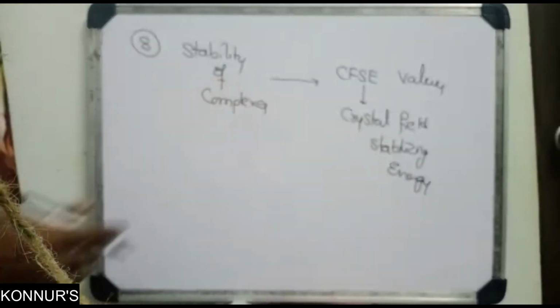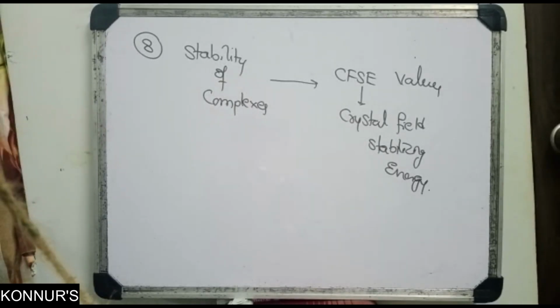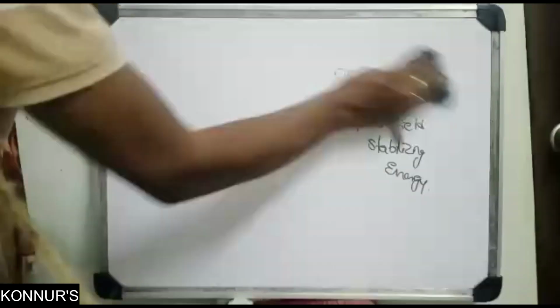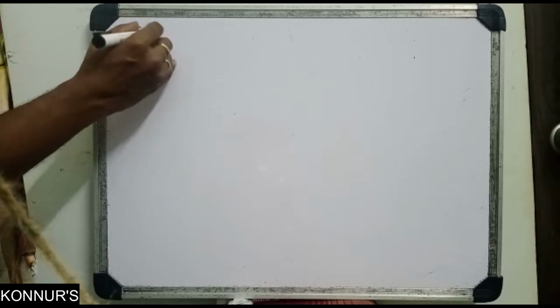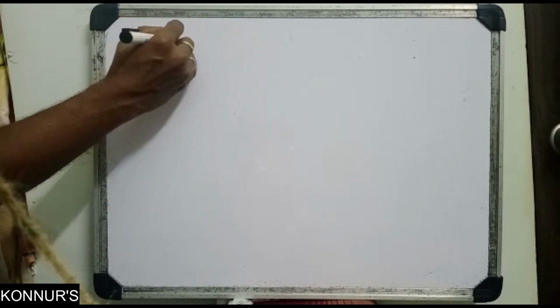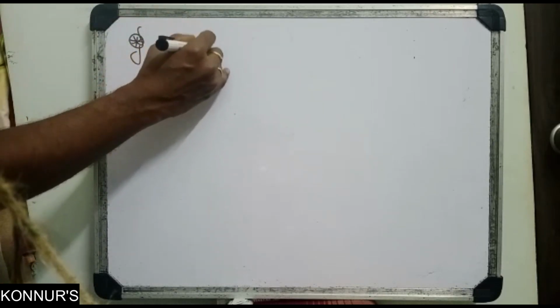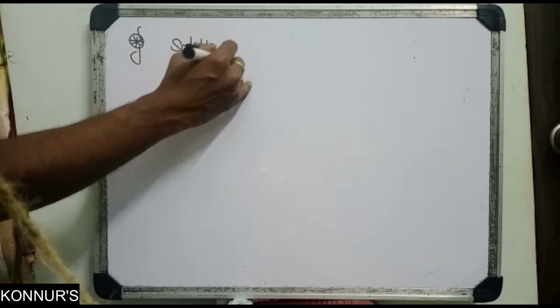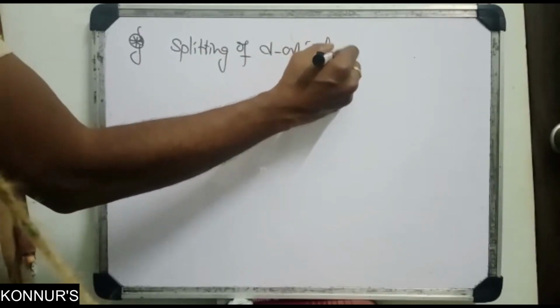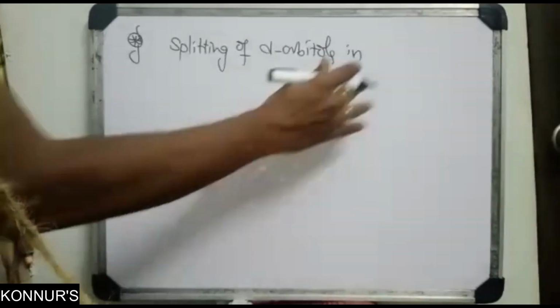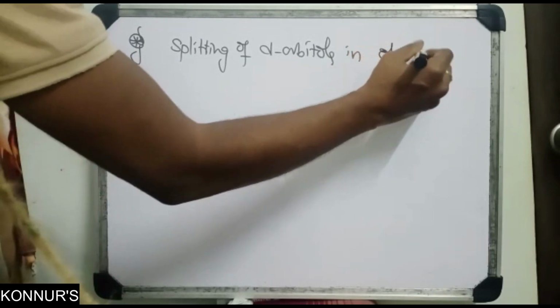We can clearly discuss what it is with examples of compounds. Here we will take the important points: the splitting of d orbitals in an octahedral complex.